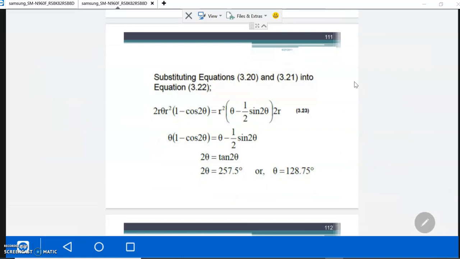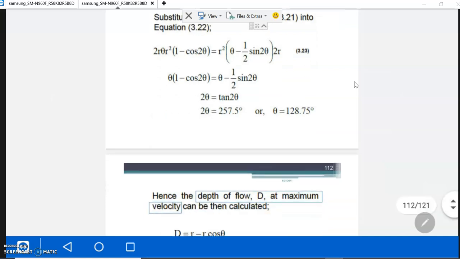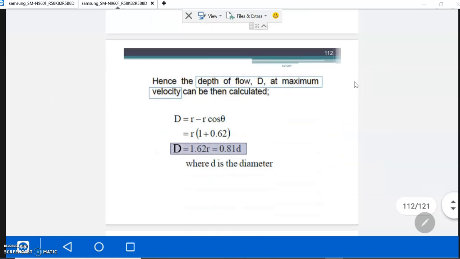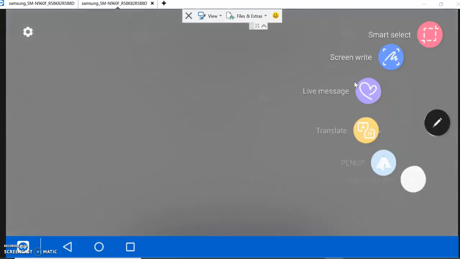By substituting equation 3.2 and 3.21 into 3.22, you will have equation 3.23 here, and then you will get theta is 128.75 degree. Hence, the depth of the flow at maximum can be calculated by D equal to R minus R cos theta. So we get D equal to 1.62 R or 0.81 diameter.